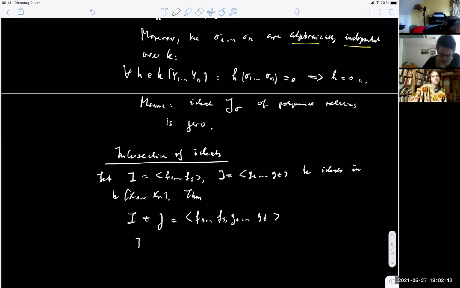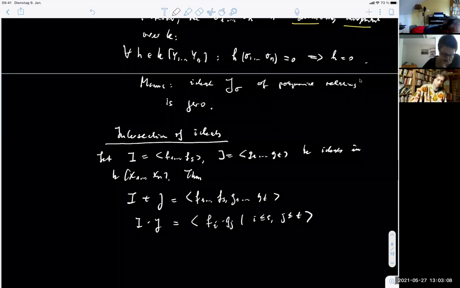We also had the concept of the product of ideals, if you remember. Generators for the product, basically by definition, are just Fi times Gj. So there is nothing to do.